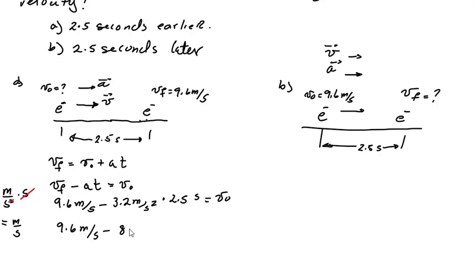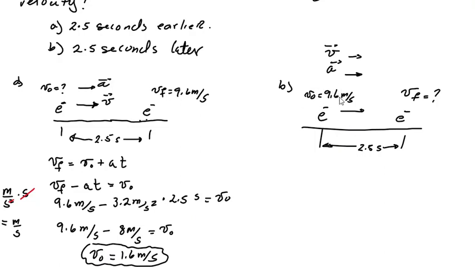So this is 8 meters per second, and this is equal to the initial velocity. So the initial velocity of the electron was 1.6 meters per second. So 1.6 meters per second was the velocity of the electron 2.5 seconds earlier. Now, we're going to find 2.5 seconds later.